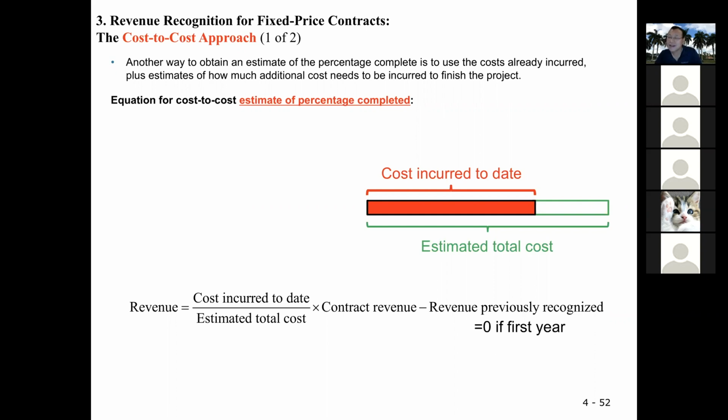Does that make sense? So I want to know up to this point what is the total amount of revenue I should recognize, and then I subtract those revenues recognized in the previous years. The difference is the revenue I should recognize in the current year.